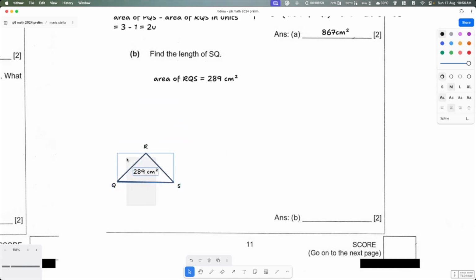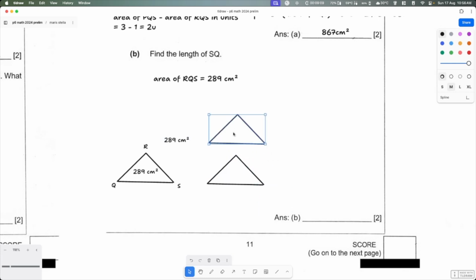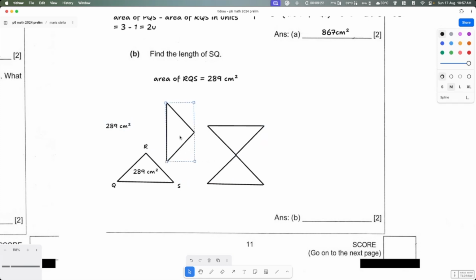If we were to have this and then create another triangle, I'm going to group them, 1, 2, 3, 4, make it the other side like this, and then create another one and the other side like this, and create another one, another side like this as well.